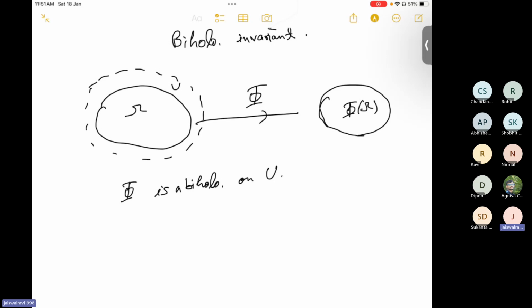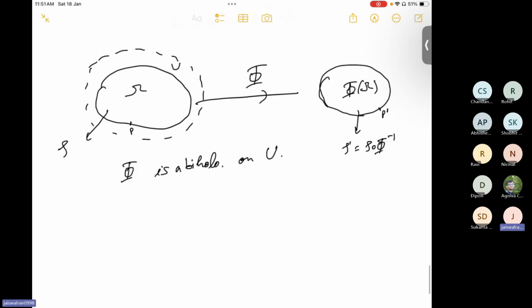And if there is a point P, then it will be mapped to some point here, say P prime. Assume it has a defining function rho, then you can check that phi of omega has a defining function rho composed phi inverse. It is easy to check.